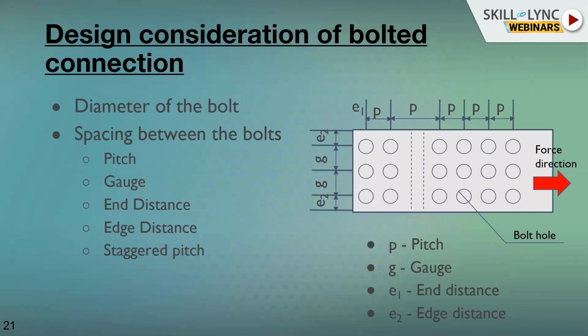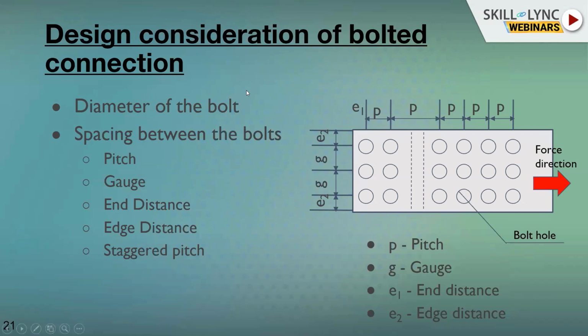Design considerations. If you are going to provide a number of bolts in a steel connection joint, what are the things you need to consider? The spacing between bolt rows along the direction of the load is called pitch.